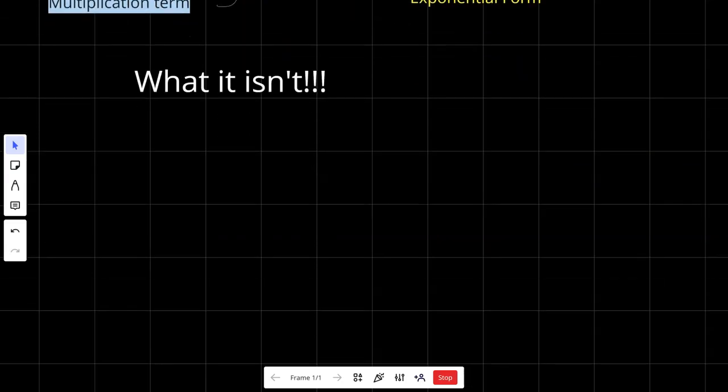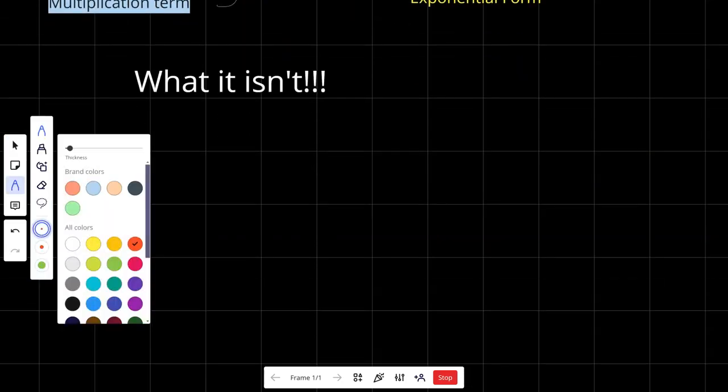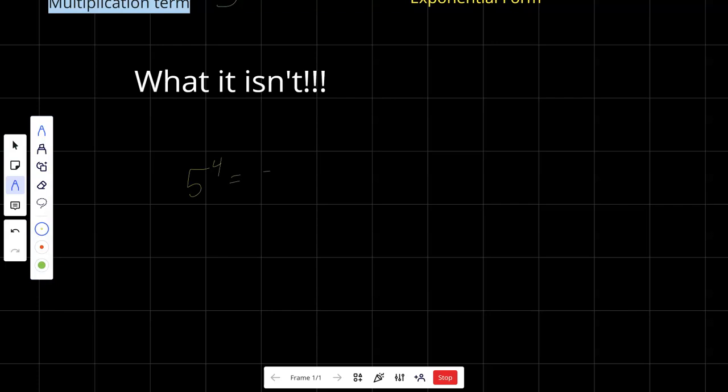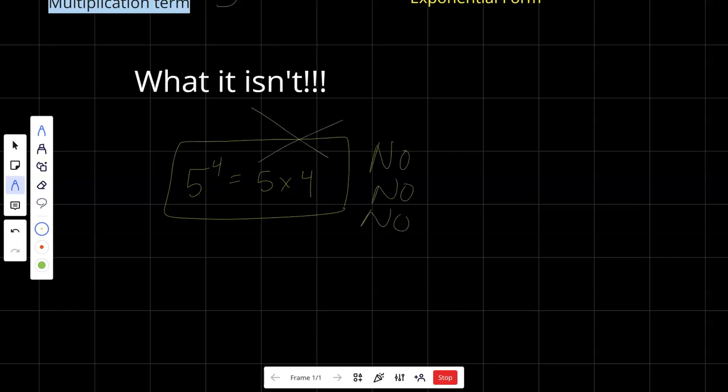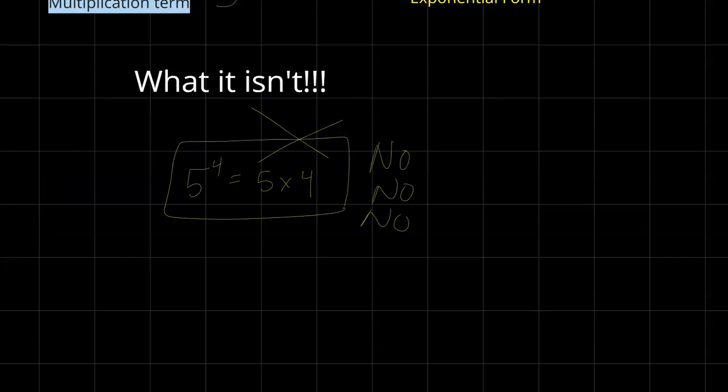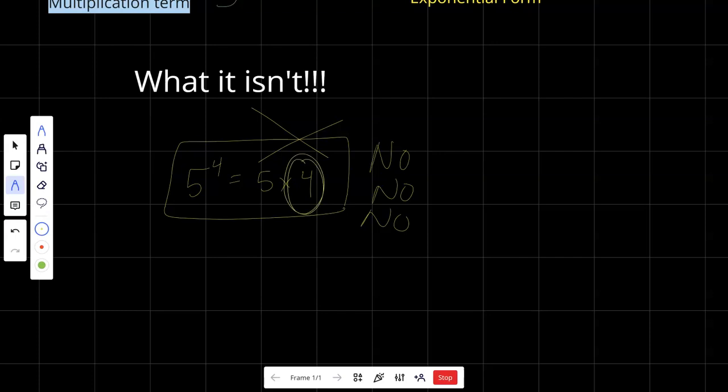What it isn't, let's take that example. We have 5 to the 4th power again. It is not 5 times 4. This is a big no, no, no. When you are working with repeated multiplication, exponents, powers, you will never ever be writing the power number.